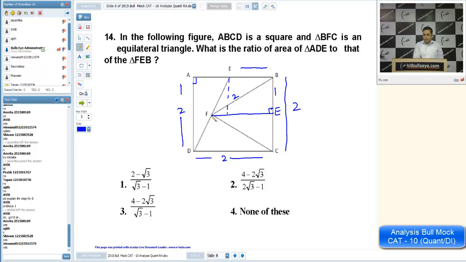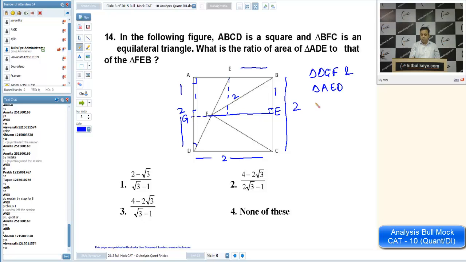Now let us extend this FE to FG. Since E is a midpoint, similarly G will be the midpoint of AD, so AG is also 1. Now take the triangles DGF and triangle AED.